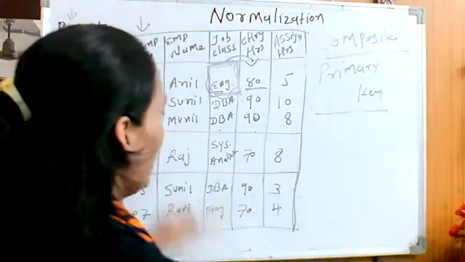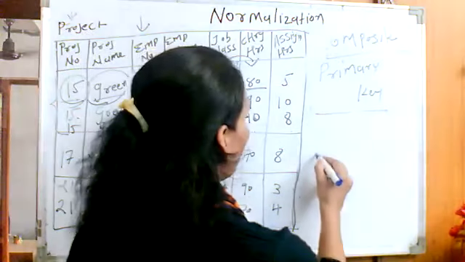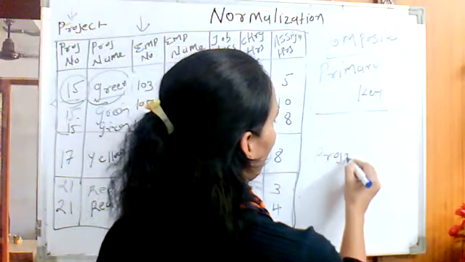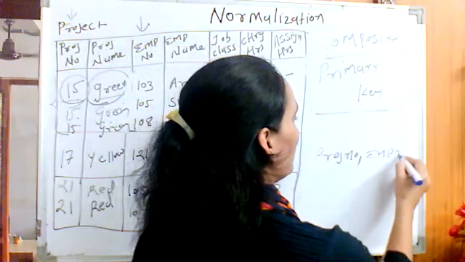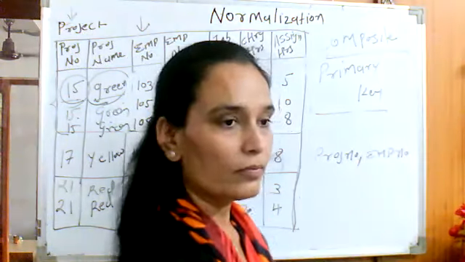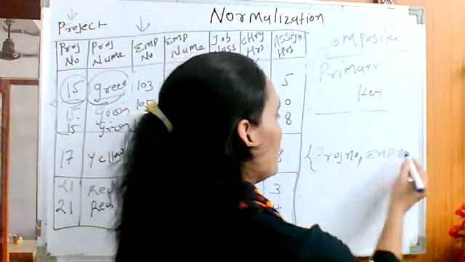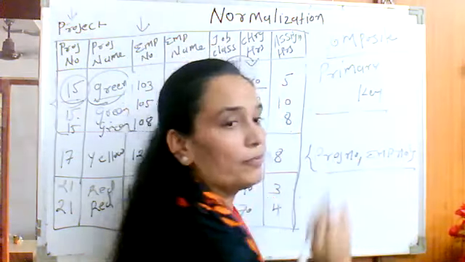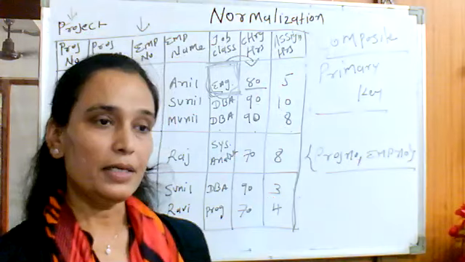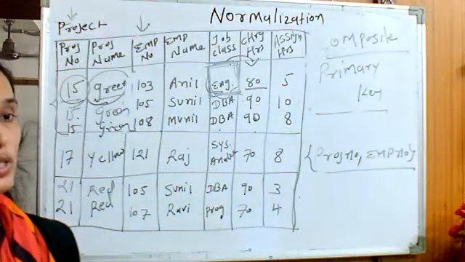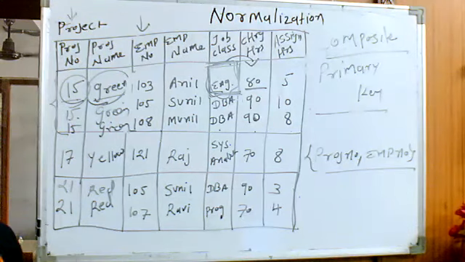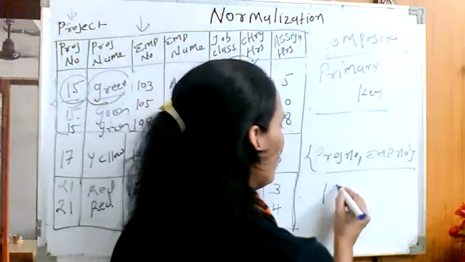So in this example, we have the primary key as project number and employee number. This will become our primary key. It is called composite primary key. Composite primary key can be combined up to 16 columns.